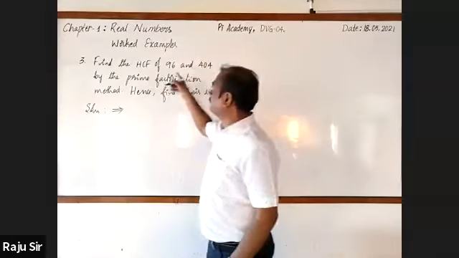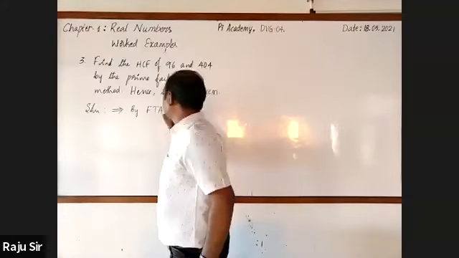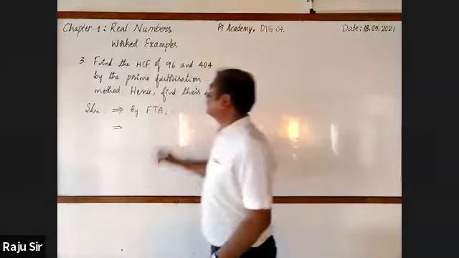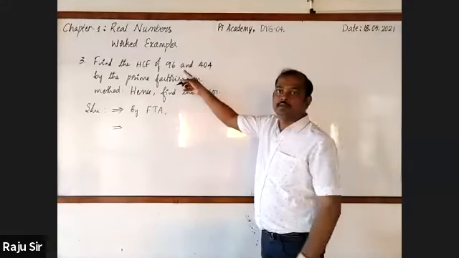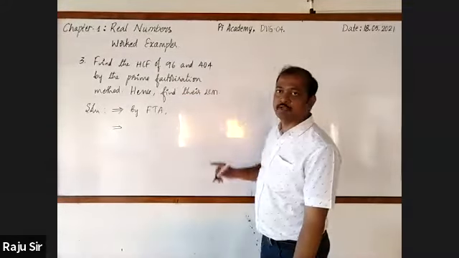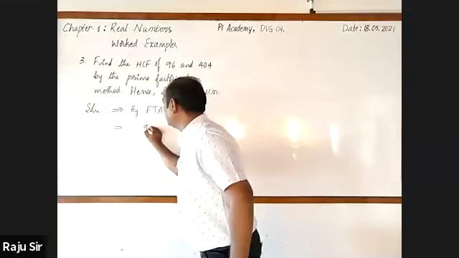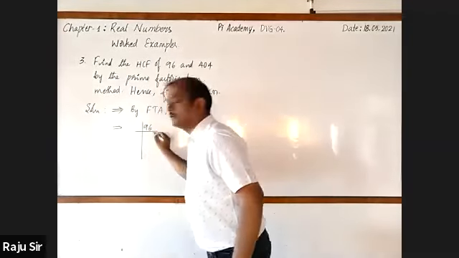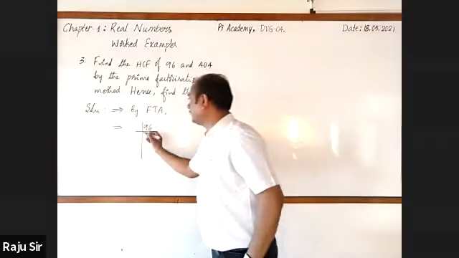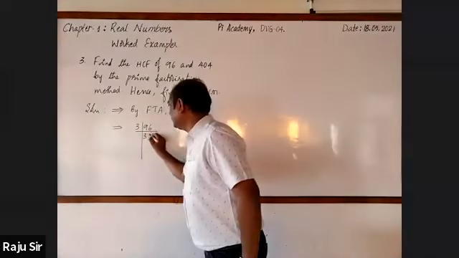In the prime factorization method, that is FTA, first we will find the prime factorization of each of these two numbers. Take 96. Both are divisible by 3. 3 3s are 96?